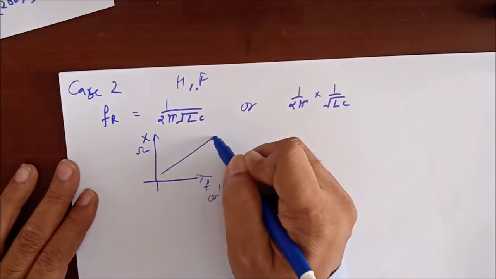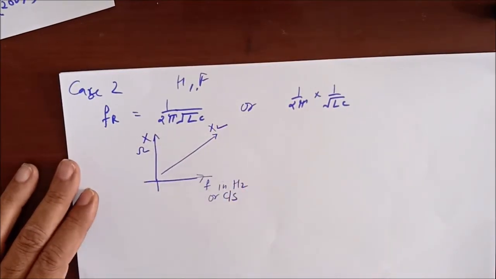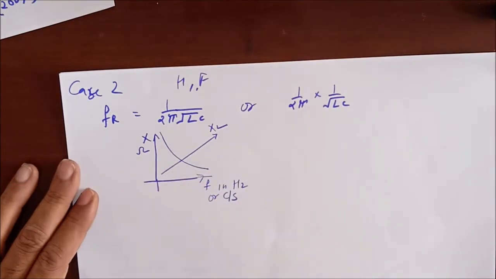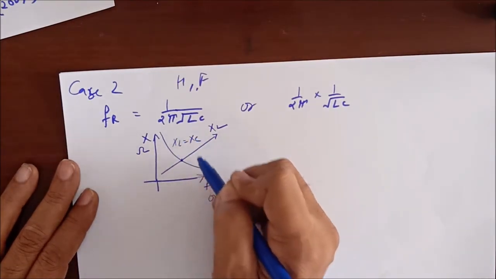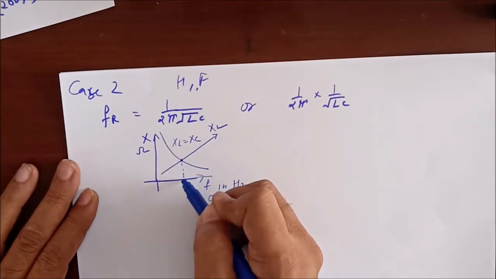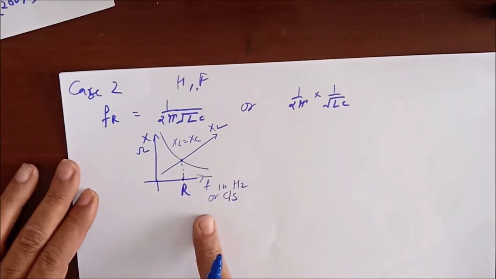XL follows a straight line, but XC follows the opposite line, and this point where XL is equal to XC, they cancel each other. This frequency is called resonance frequency, keep that in your mind.